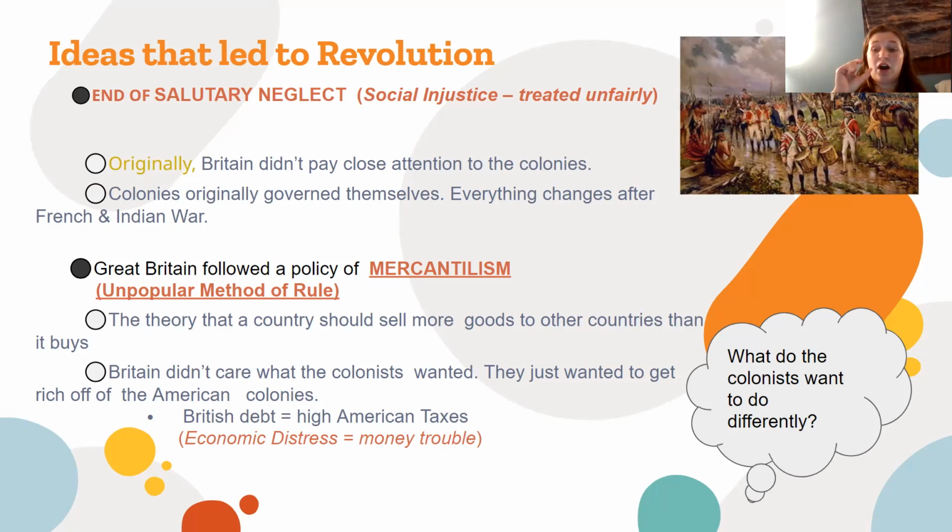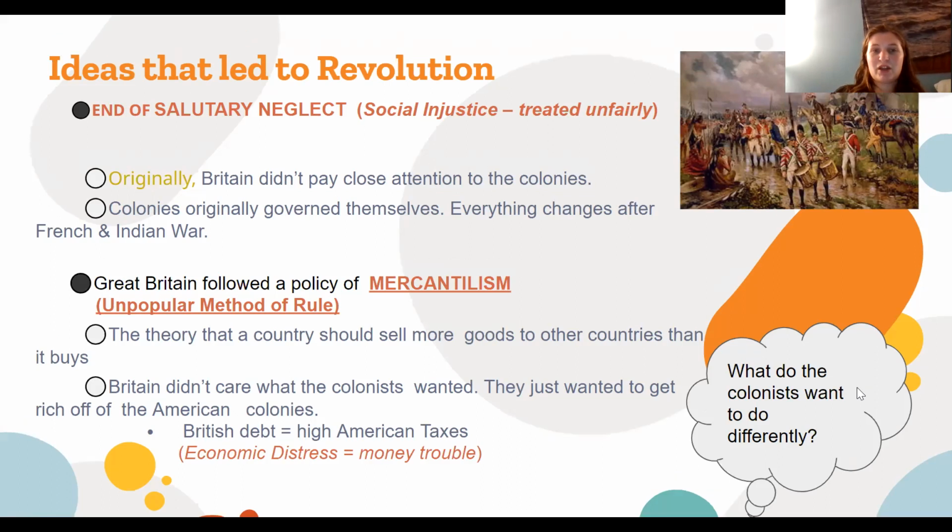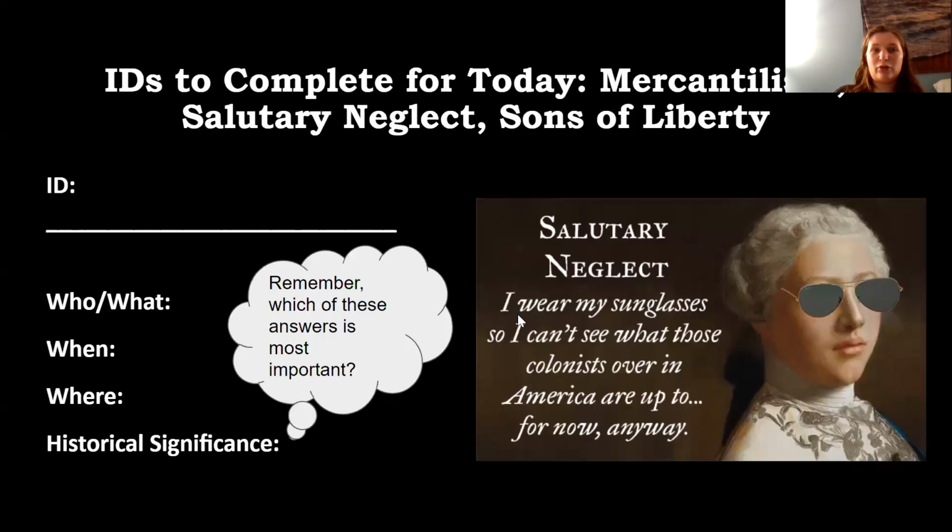The colonies are not supposed to begin really manufacturing, and they're definitely, with the Navigation Acts, not allowed to trade with other countries, including other countries' colonies. So this is one of the economic struggles that the colonists want to do something differently with. They want to have autonomy over their own trade policies.